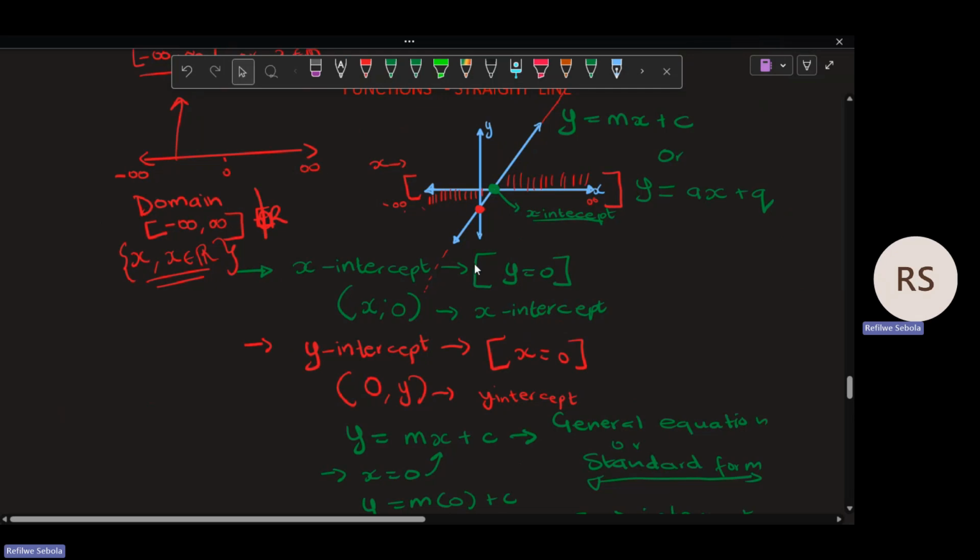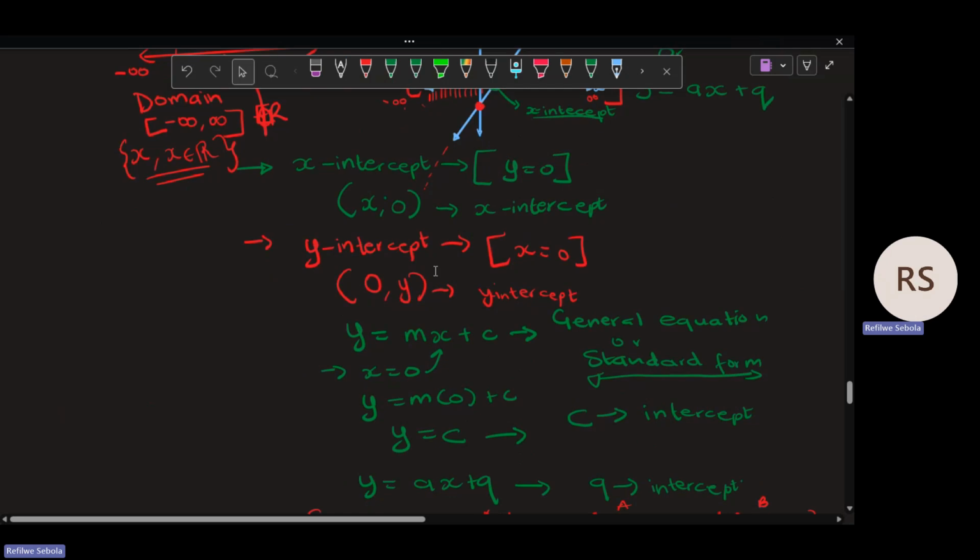We have also discussed our range, where we explained that the positive values and the negative values will be part of our range.